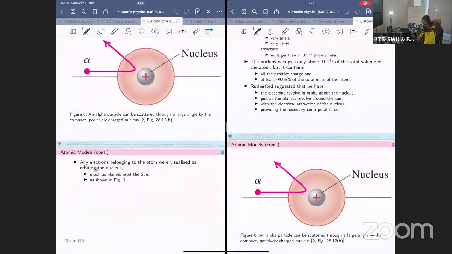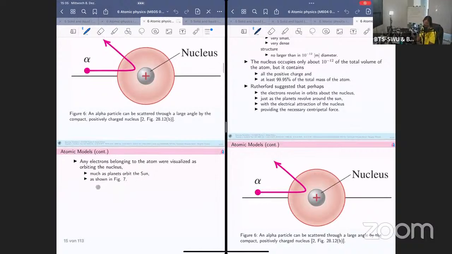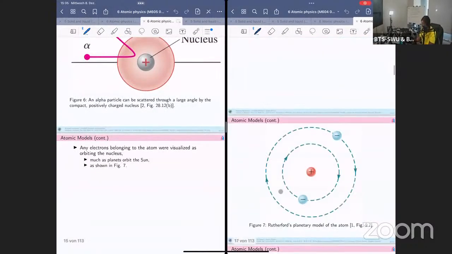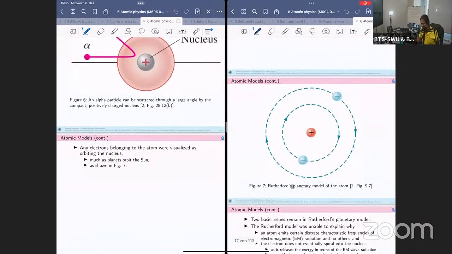Any electrons belonging to the atom were visualized as orbiting the nucleus, much as planets orbit the sun, as shown in figure 7 here. This is the idea suggested by Ernest Rutherford. He said that the atom should have a nucleus, which is positive in terms of charge, at the center, and there should be electrons moving around the nucleus.